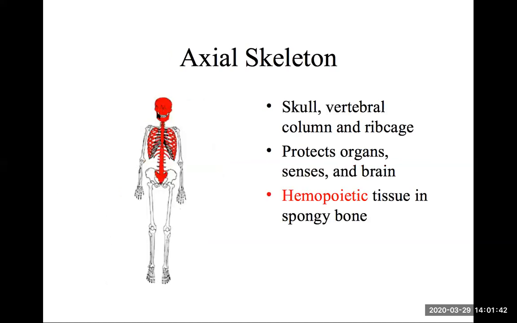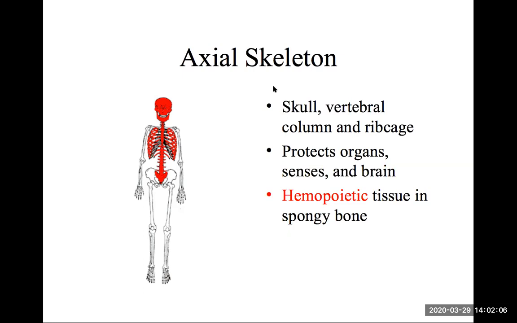In red, you can see here what we consider to be the axial skeleton. This is made up of the skull, your vertebral column, and the rib cage, which includes the sternum in the front and then the individual ribs, or costae, on the sides. If you just focus in on this part of the skeleton, notice this is where we found a lot of the cavities.